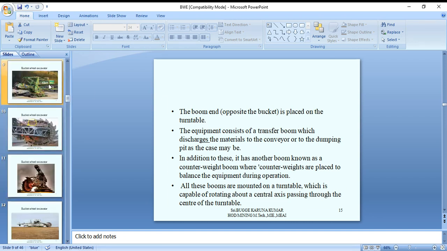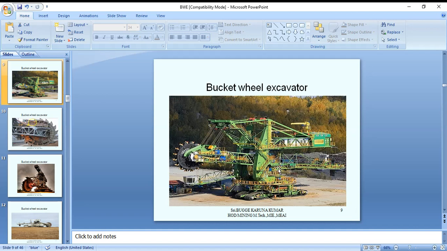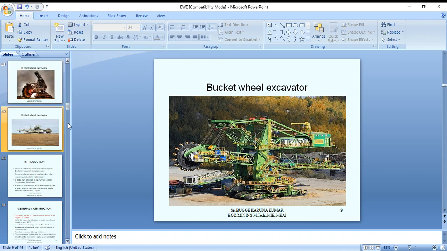Here you can see easily: this is the boom, and this is the turntable. The boom can rise up or down, and it can also swing automatically. So at one end of the boom is the wheel, and at the other end is the turntable.